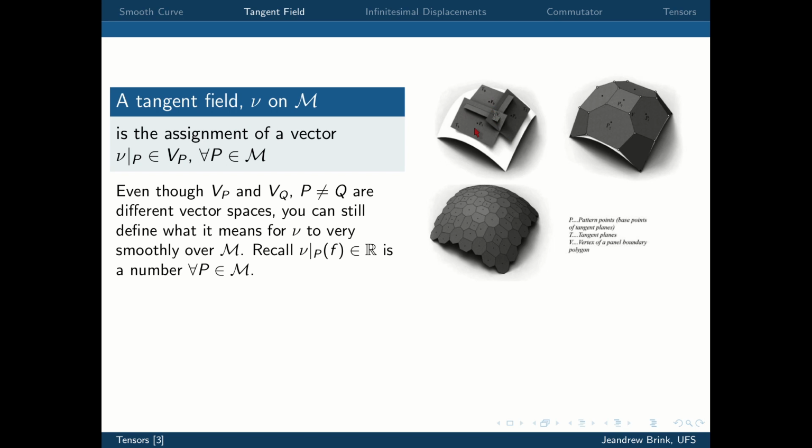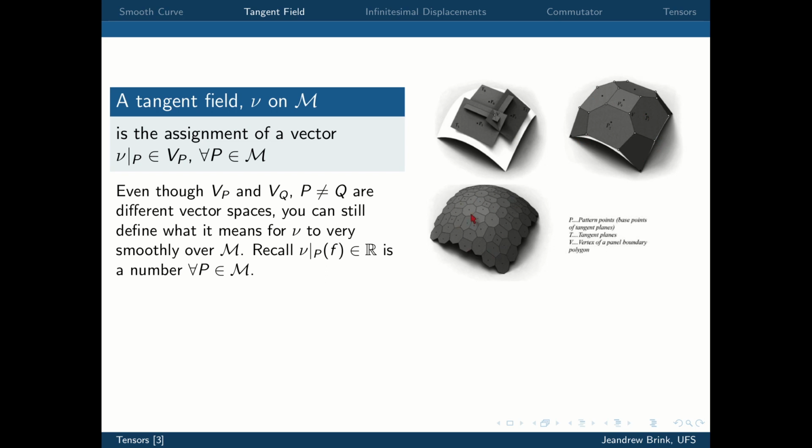Okay, and so what we do when we describe a tangent field is we literally say we want to make these tangent spaces smaller and smaller so we can get a better and better local tangent space approximation, and we can go even further.